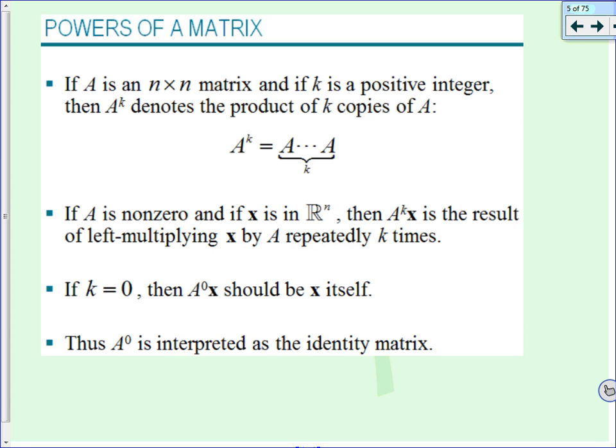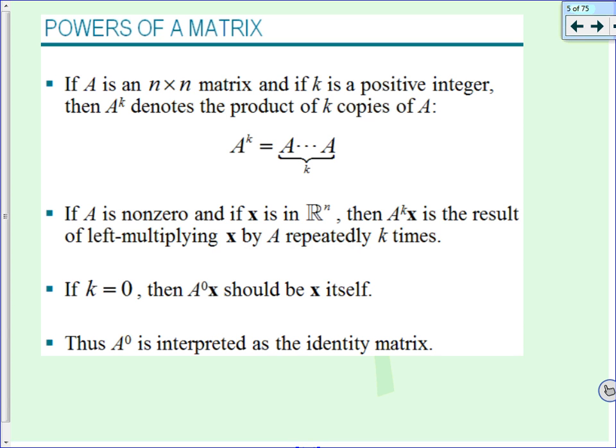And we can define repeated multiplication really through a power of 0, the lowest possible in terms of integer quantities. A to the 0 is really like the 1 in regular numbers, scalar quantities, I should say.